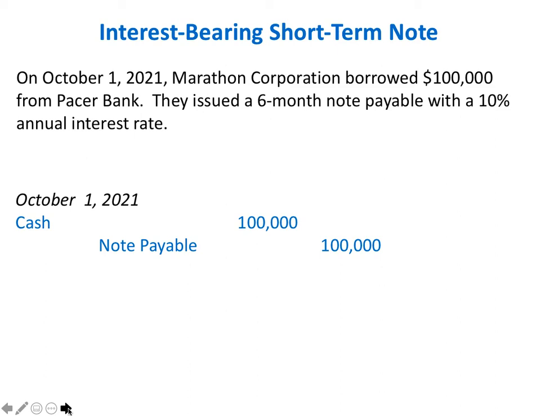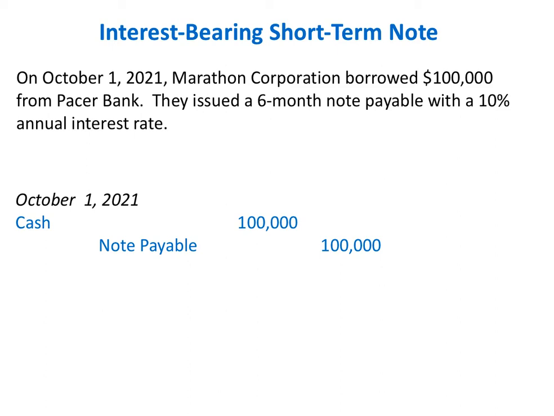Now it's important to pause and note that on an interest-bearing note, the interest rate that is stated on the note is always expressed as an annual amount. So if this note were outstanding for a year, the Marathon Corporation would pay $10,000 of interest.